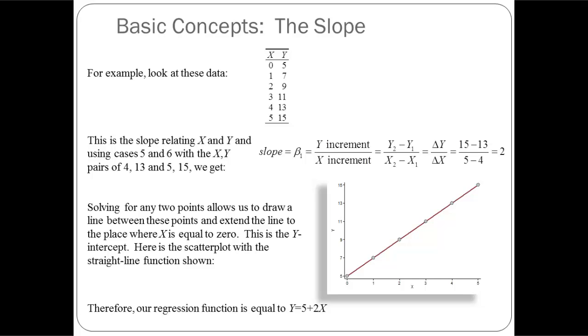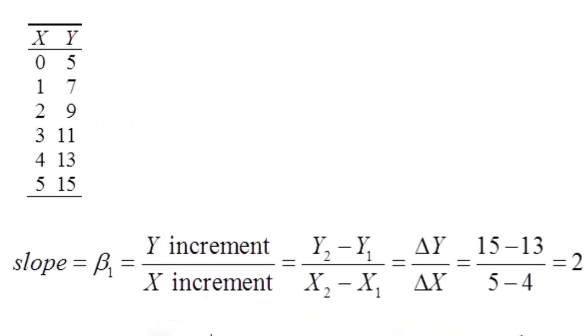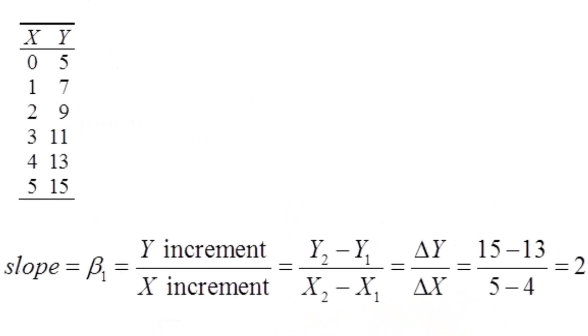To get a handle on regression, you have to understand the slope. So we know that the slope is beta hat sub 1 or beta sub 1. You may have heard this in another class as delta y over delta x. That is, it's the change in y divided by the change in x. In this example, we have some point y sub 2 minus y sub 1, change in y, divided by x2 minus x1, that is the change in x.